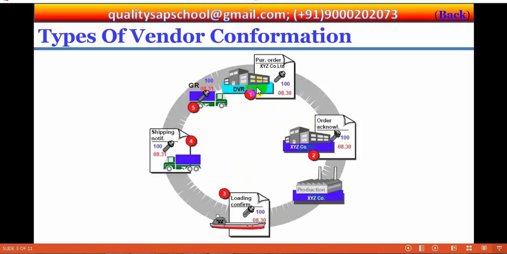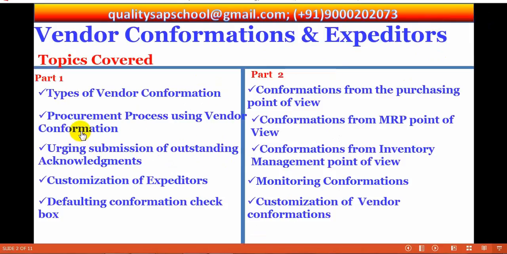How this type of information is going to affect the company's material planning, and how it is going to help him, for all those we are going to discuss now. Generally we will study the process, how the procurement process using vendor confirmations works.